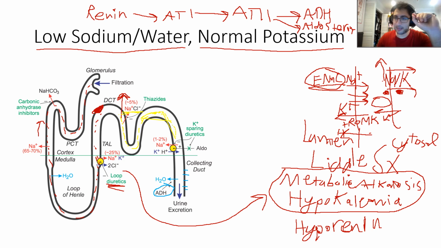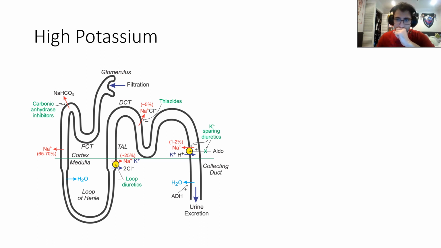So what we see is that depending on how bad of a deficit of sodium there is, and how able the nephron is to reabsorb sodium, there'll be a different amount of activity of the ENaC channel. All right. So what happens when there's just high potassium and everything else is normal?